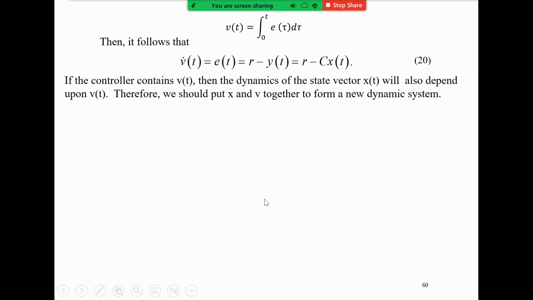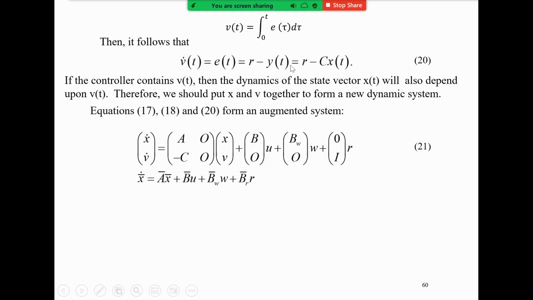Because we know we have to put the integral signal as a part of the control. Okay, therefore, if I put the original equation, X dot equals AX plus BU plus BW times W, together with the equation of this V, we have an augmented system.